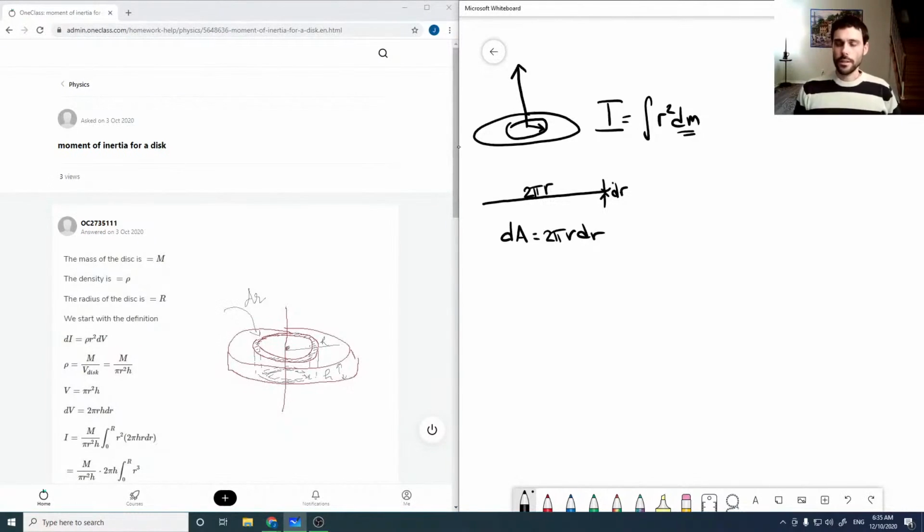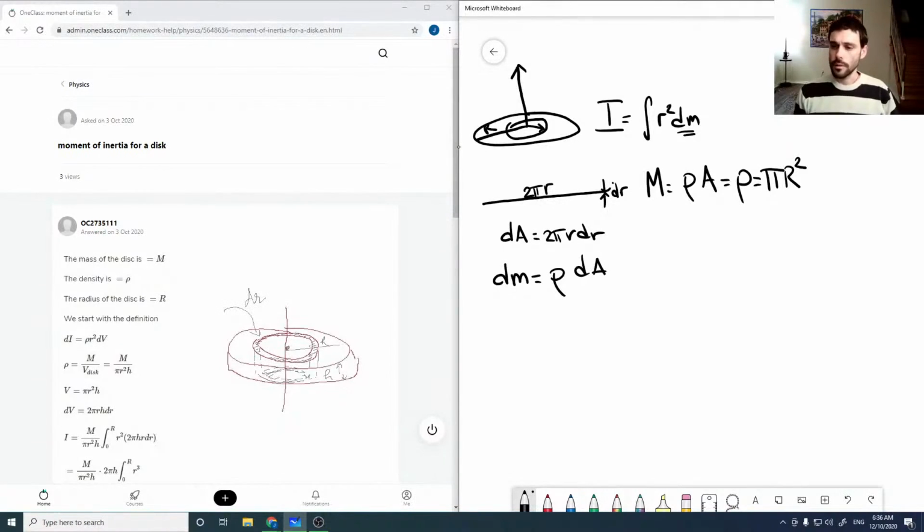Now, to get from an area to a mass, we have to use the density, or the area density anyway. So this would translate then to some small amount of mass by multiplying by the density, where for the full disk, we must have that the mass, I'm going to use capital M just to differentiate, is the density times the area, which for a disk is the density times pi r squared, where R here is the full radius.